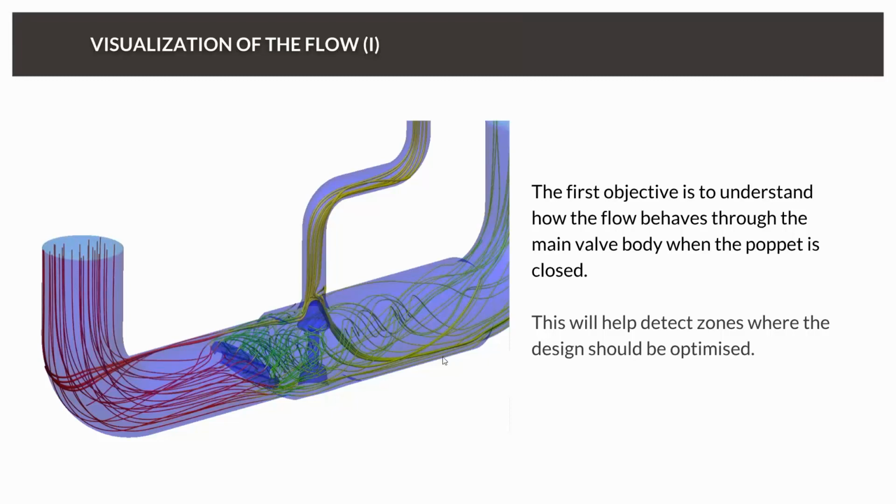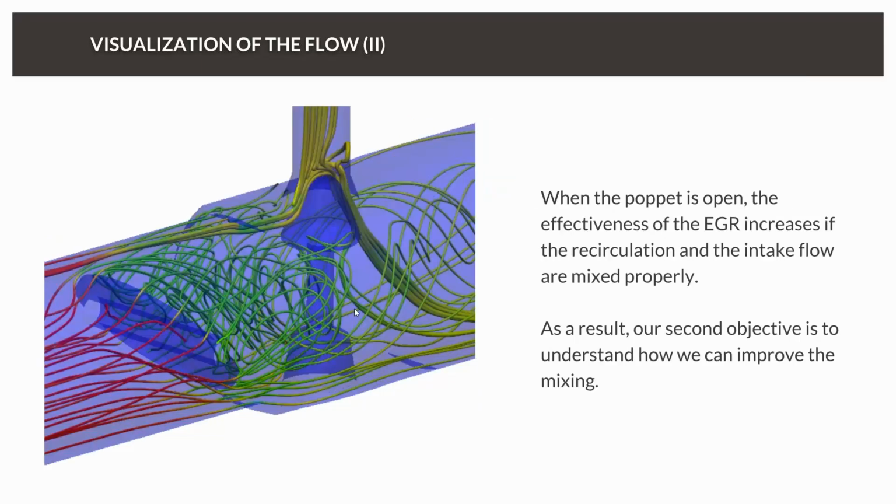First of all, we will take a look at the flow behavior through the main valve body when the poppet is closed. Let's see if we can detect some zones where the design should be optimized. If we now take a look in the near of these two valve bodies, when the poppet is open, we can see that there is already some mixing.